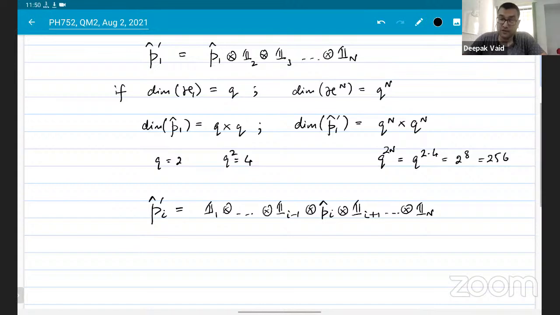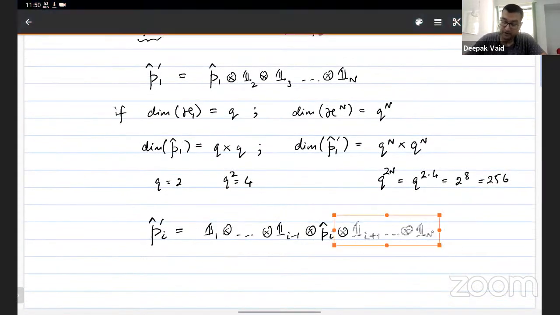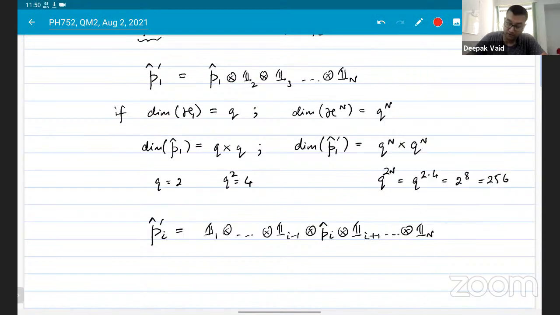So this is the identity operator everywhere except on the ith state.